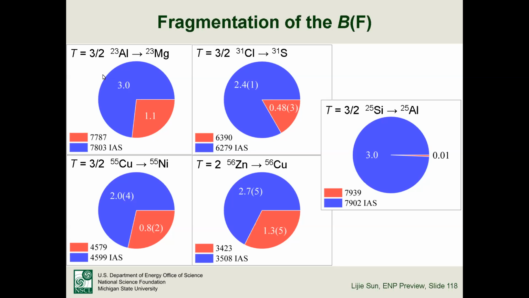The sum of the Fermi transition strength is 4.1, which is much higher than the sum rule. So there are some issues, there are some controversies here.